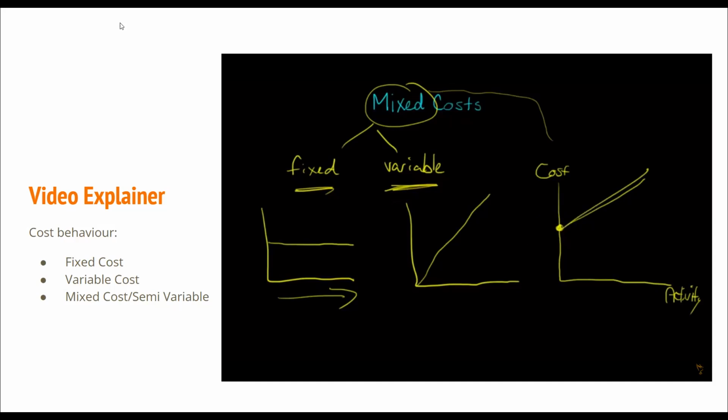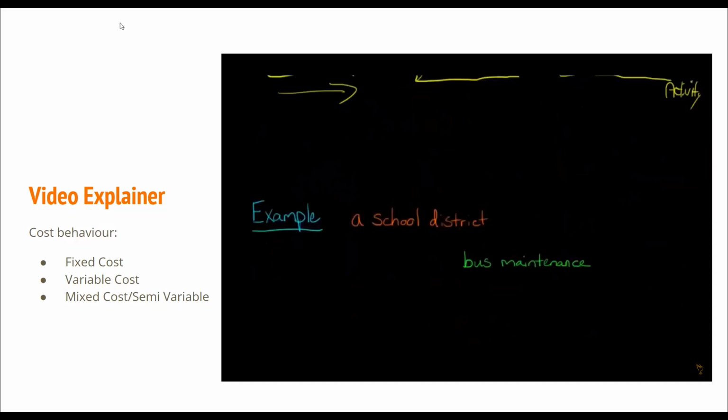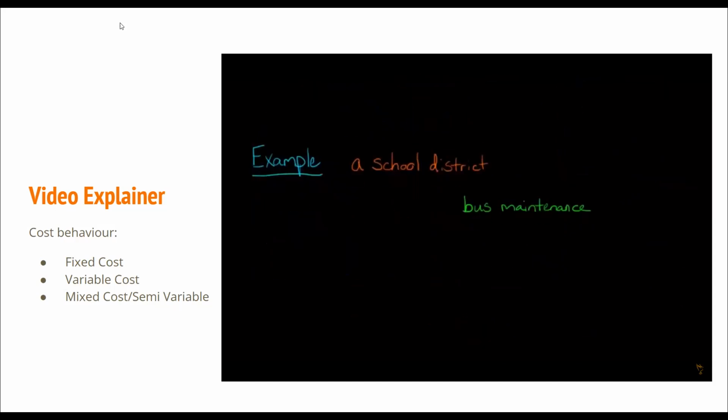It's actually easier if we just walk through an example. It'll make it a little easier for you to understand. Let's say that we have a school district, with an elementary school, and they've got a fleet of buses to transport the kids to and from school. There's going to be some element of maintenance involved in keeping that bus fleet up and running.